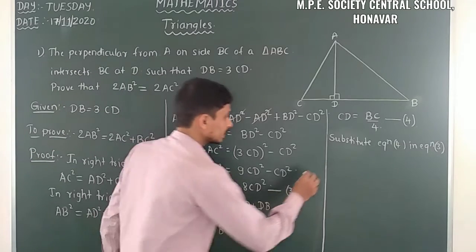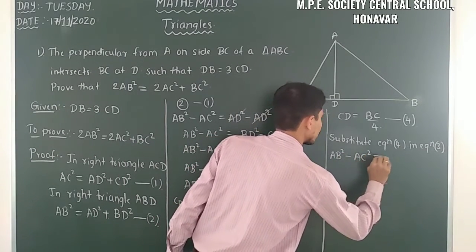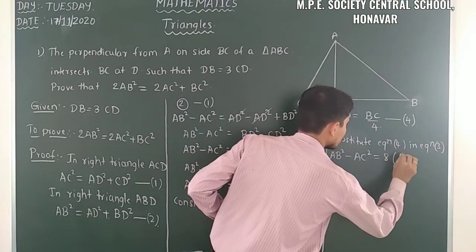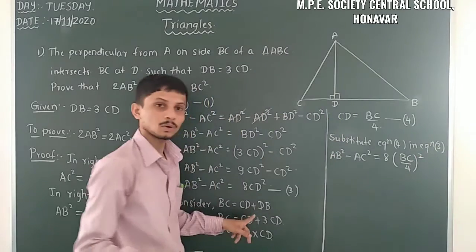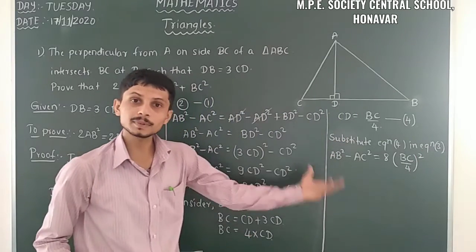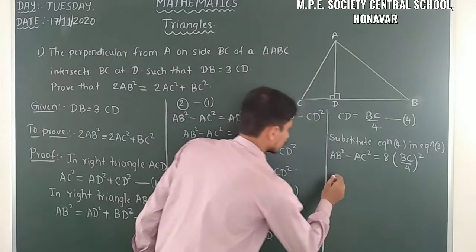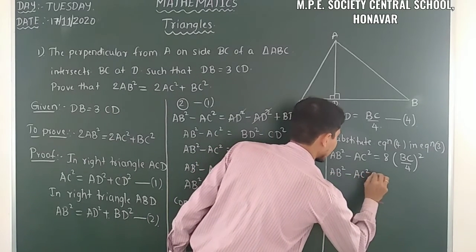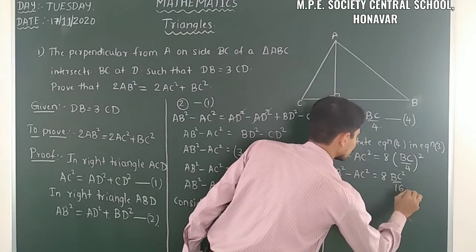So AB square minus AC square is equal to 8 into BC by 4 whole square. After that we simplify. AB square minus AC square is equal to 8 into BC square by 16.